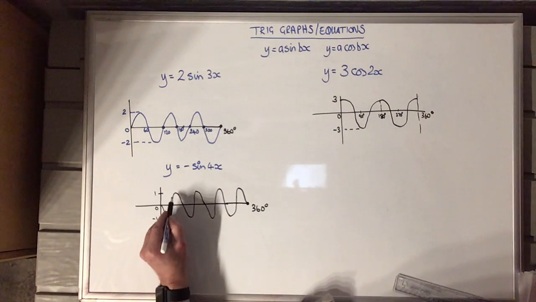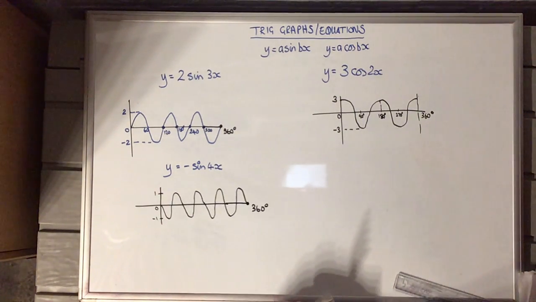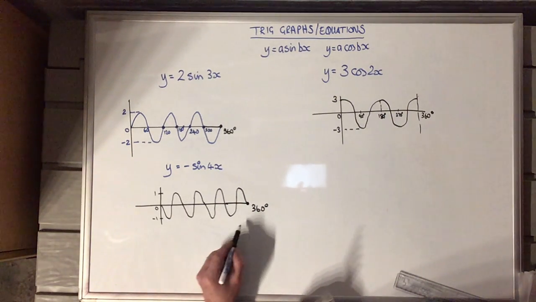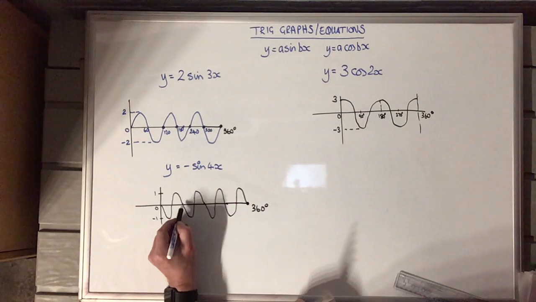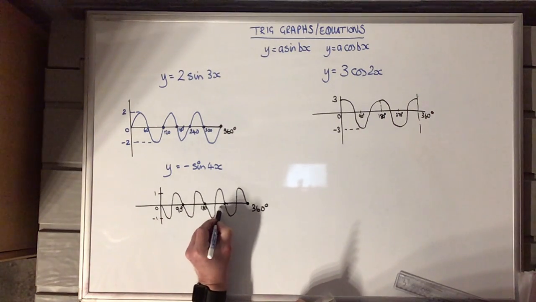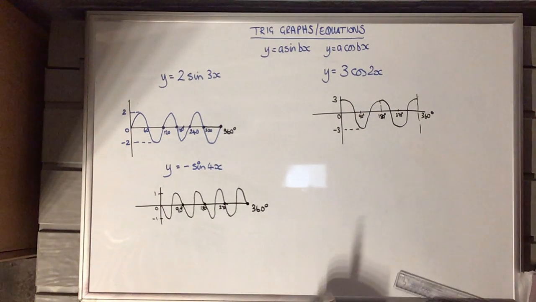We've got 4 there, let's see, 1, 2, 3, yeah, we've got 4 there, and it'd be minus 1 and 1, and it's been flipped. So 4 cycles, so 1 cycle would be 90 degrees, 2 cycles would be 180, 3 cycles would be 270, to that. So we'd expect something like that.